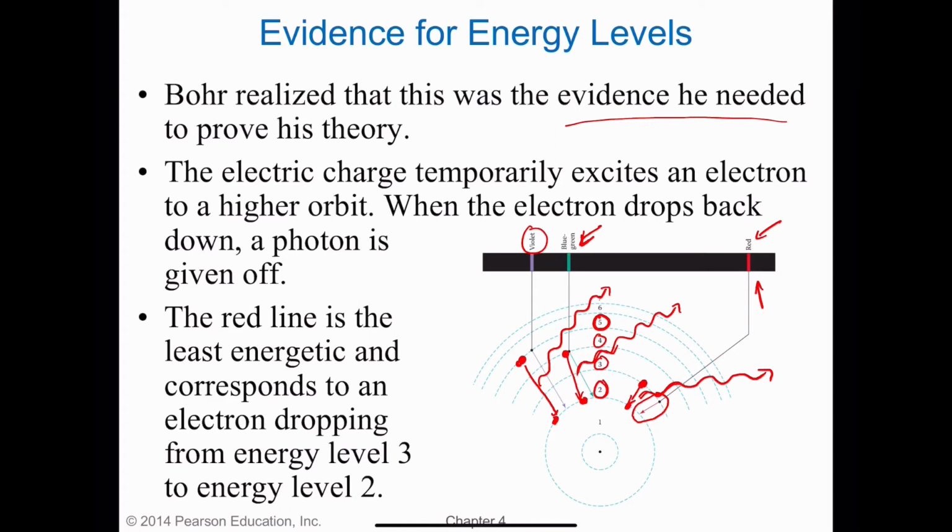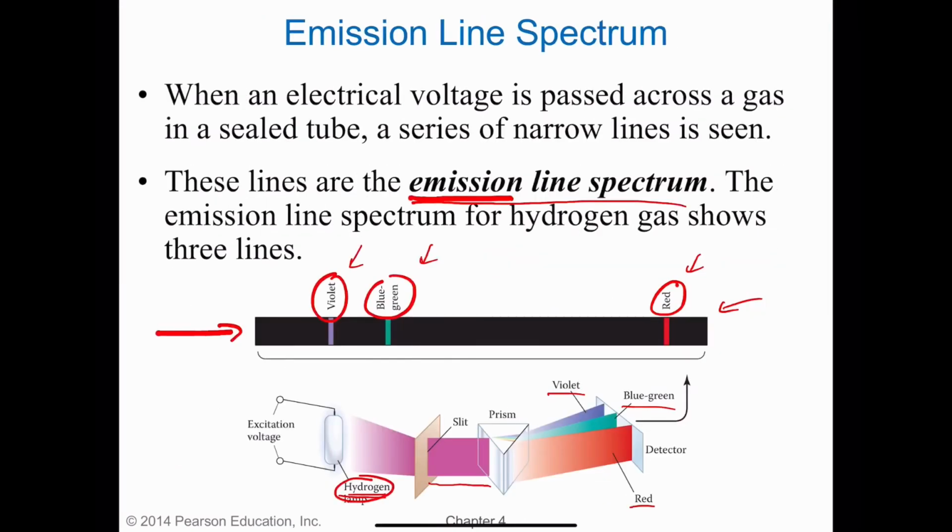These transitions from higher energy levels to lower energy levels can obviously only happen if the electron gets up to that higher energy level in the first place. Now we learned that hydrogen only has one electron, and that one electron is going to be living on level 1. So how could an electron get up to these higher levels in the first place? Well, here it is.